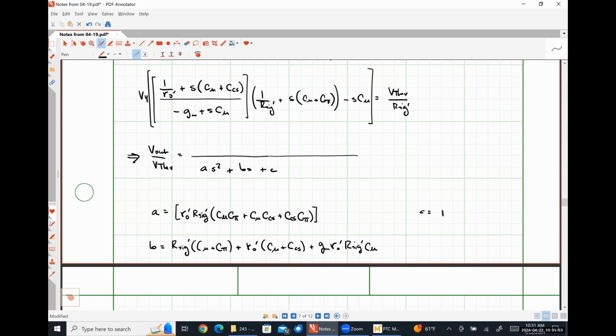So that's our denominator. Our numerator is just negative gm plus s C mu times R naught prime.